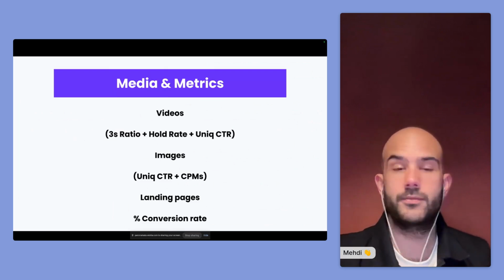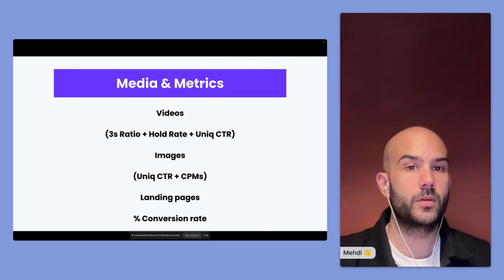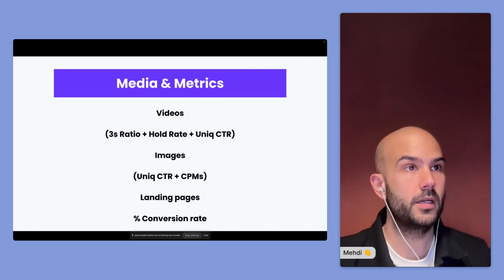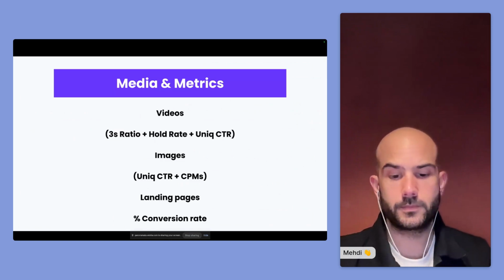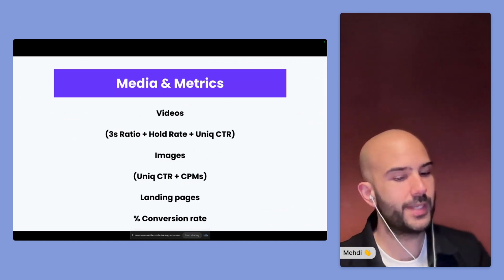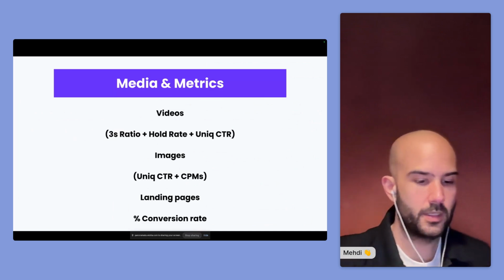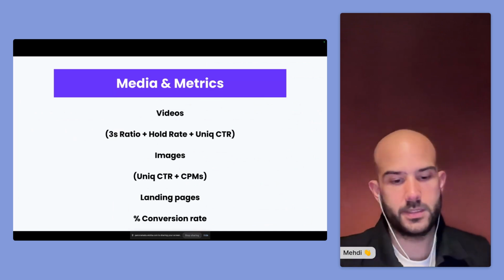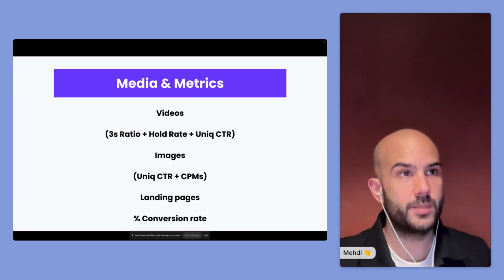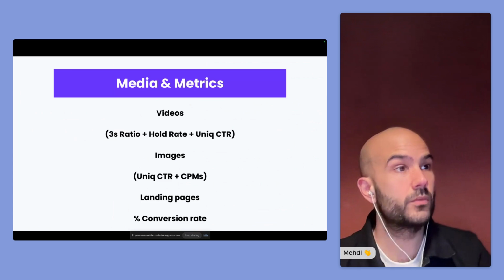So let's use a figure. Let's say you have 1,000 impressions. Out of 1,000 impressions, at second 3, you still have 400 people looking at your video. So you have a 40% 3-second ratio, which is great.